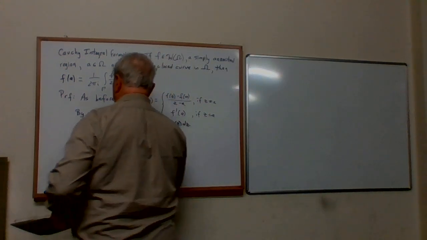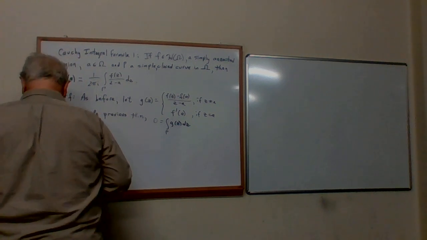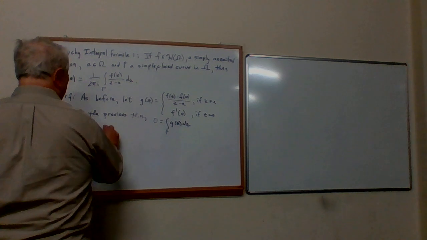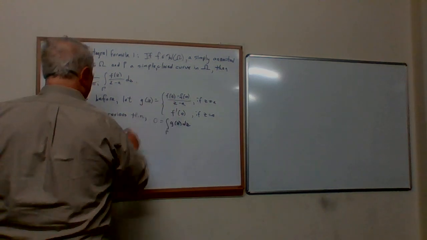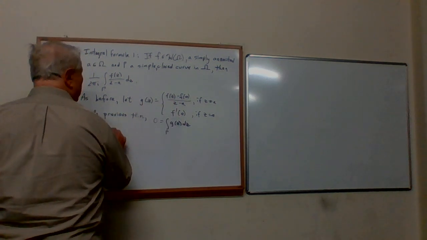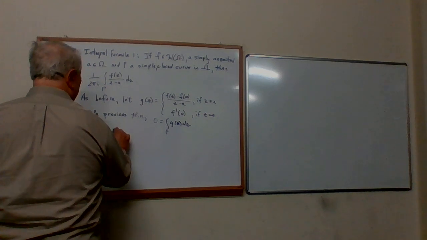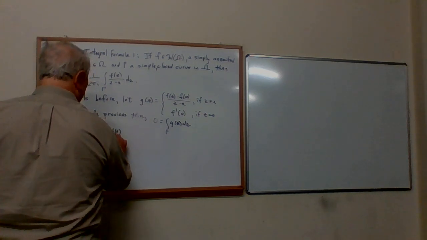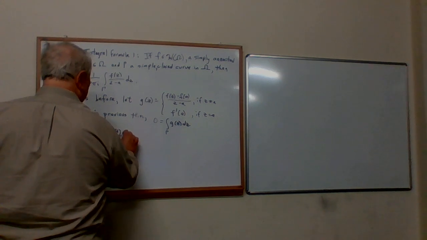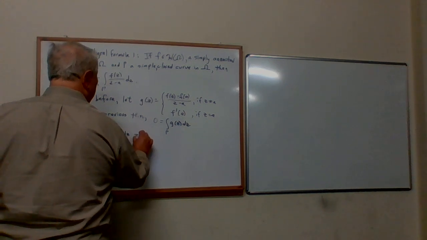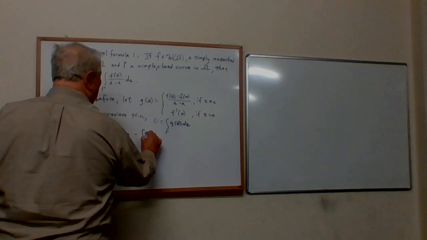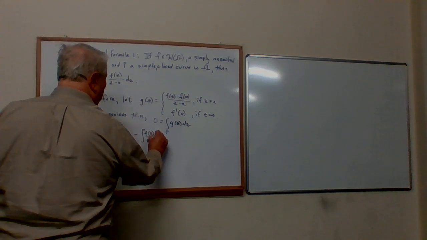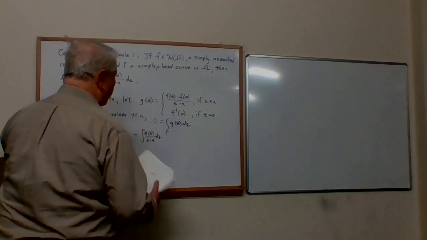Therefore, now let's do some arithmetic. 0 is equal to the integral. Now we're going to use these formulas. The integral over gamma of f of z, we're going to split it up: f of z over z minus a dz minus the integral of f evaluated at that point divided by z minus a.